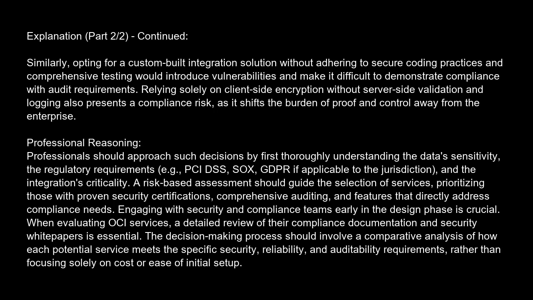Similarly, opting for a custom-built integration solution without adhering to secure coding practices and comprehensive testing would introduce vulnerabilities and make it difficult to demonstrate compliance with audit requirements. Relying solely on client-side encryption without server-side validation and logging also presents a compliance risk, as it shifts the burden of proof and control away from the enterprise.